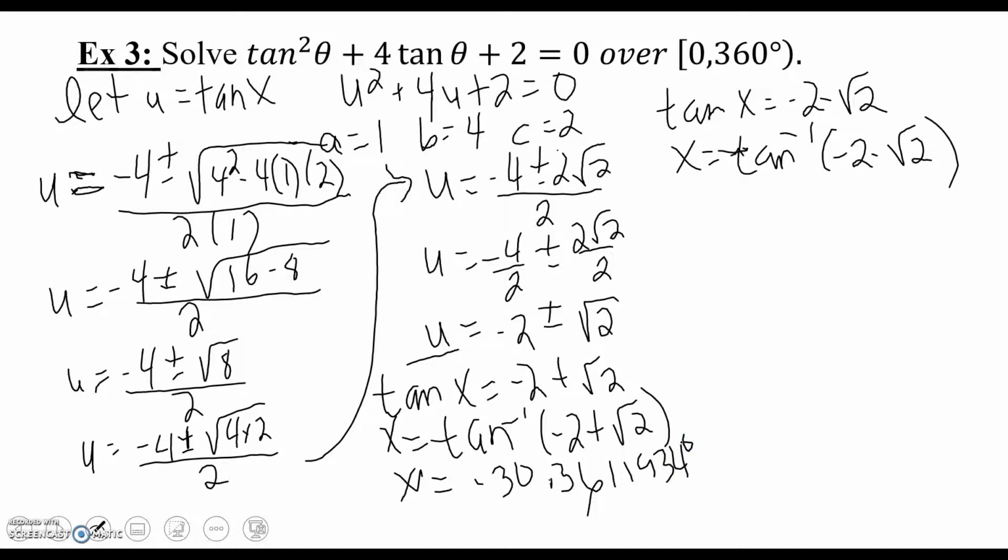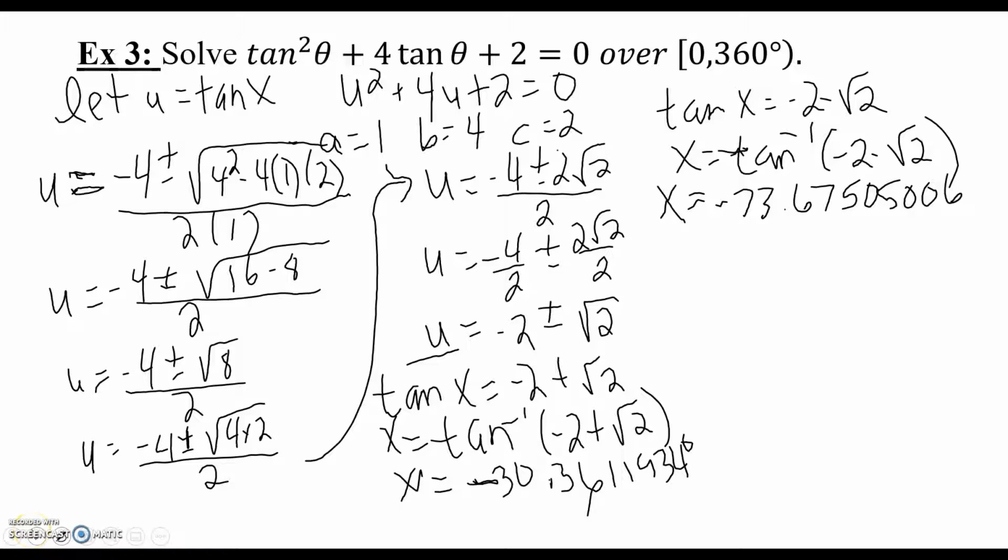And I'm going to come back to that in a minute. And I'm going to go over here and plug this one in the calculator as well. When I plug in the inverse tangent of negative 2 minus the square root of 2, I get x equals negative 73.67505006. All right, just to give y'all a reference point.